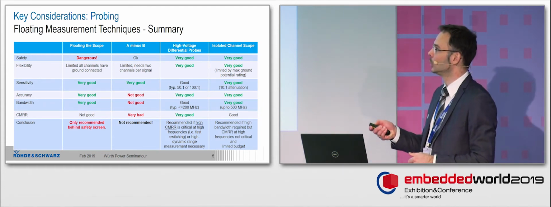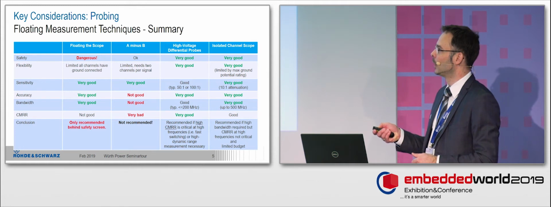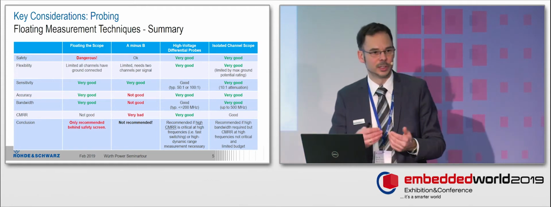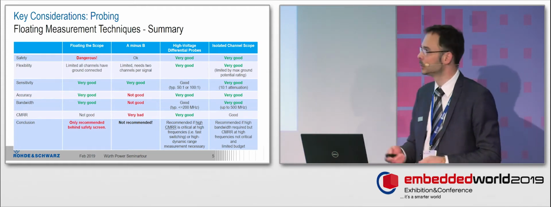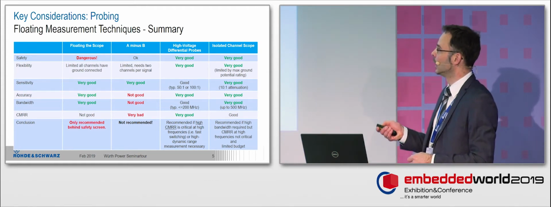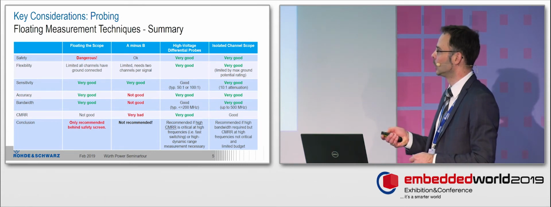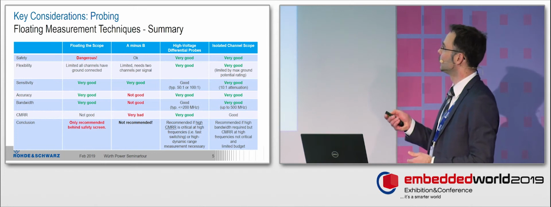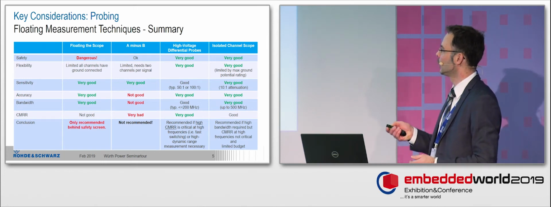Number one, floating the scope: sensitivity is good, accuracy is good, and so on, but common mode rejection ratio is difficult, it's not safe, and you have to consider coupling effects through the isolation transformer. A minus B does not make sense because the quality of the measurement is not good. High voltage differential probes are actually a very good method.